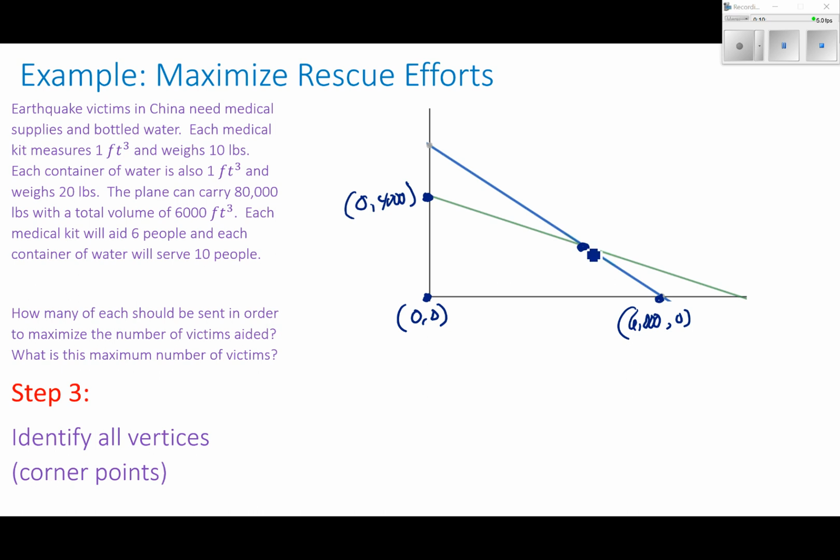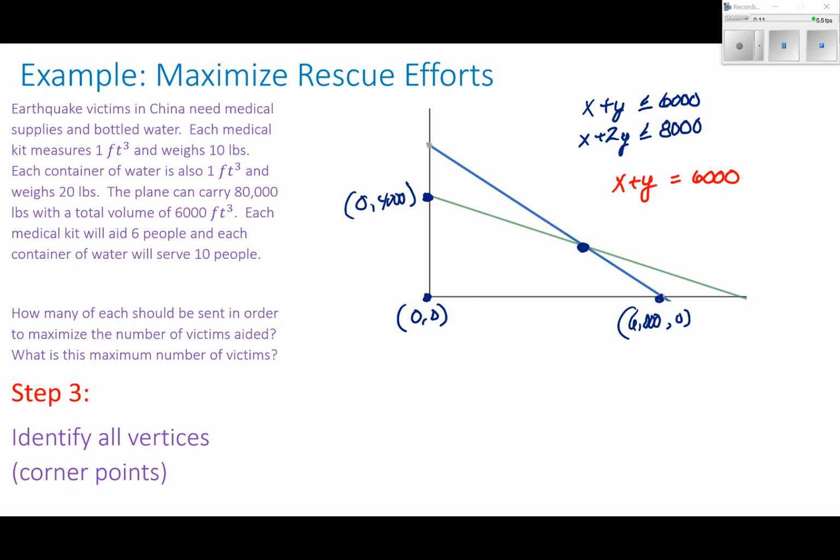So to solve for this value right here, again, our two inequalities were x plus y is less than or equal to 6,000, and then x plus 2y is less than or equal to 8,000. To solve these, I just need one to be an opposite. So I'm going to rewrite this, and we can just write it as equations because we're trying to solve. So x plus y, I'll say, is equal to 6,000.